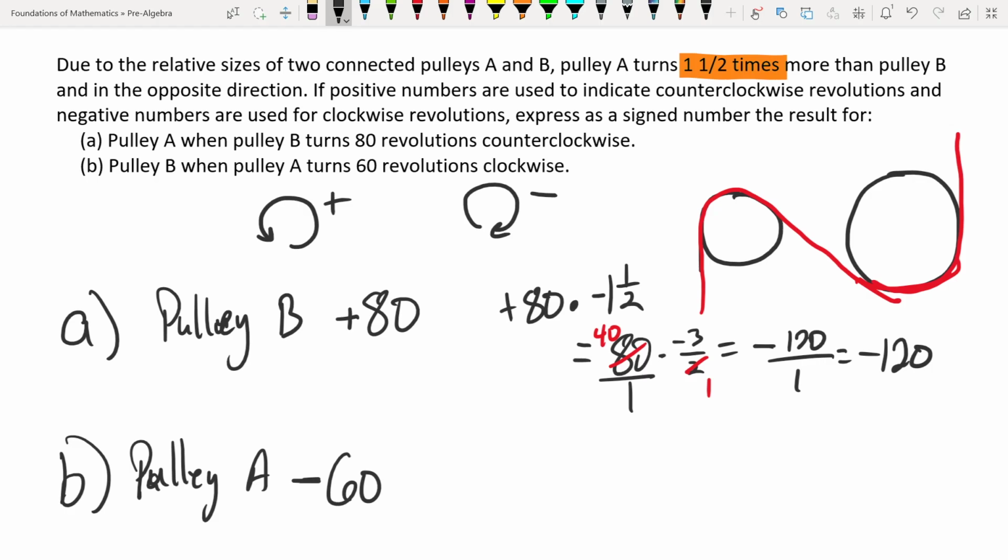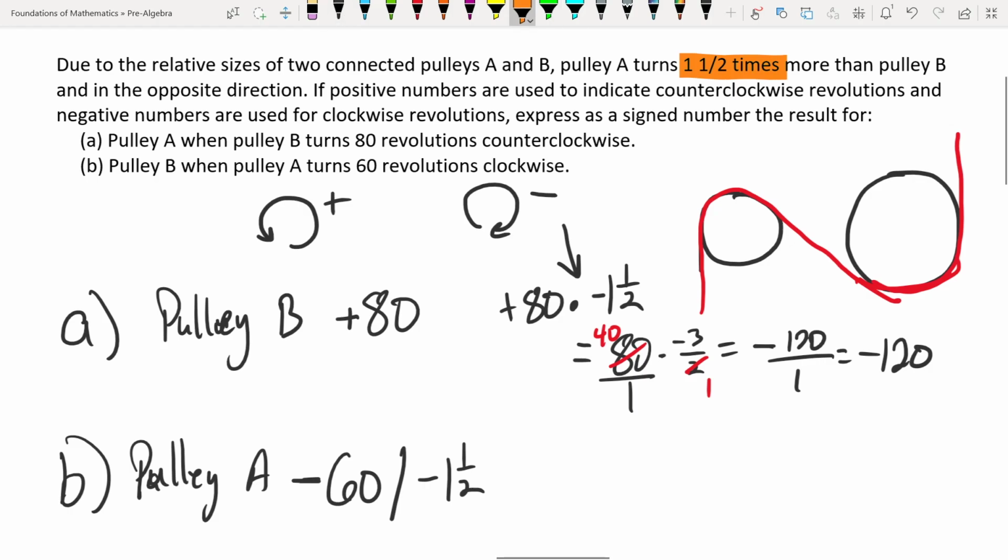The way we do this is quite simple. All we have to do is divide this time by negative 1 1/2. The reason why is because to find A, we multiply by negative 1 1/2. To find B, then, we have to do the opposite operation because we're trying to find the different pulley.